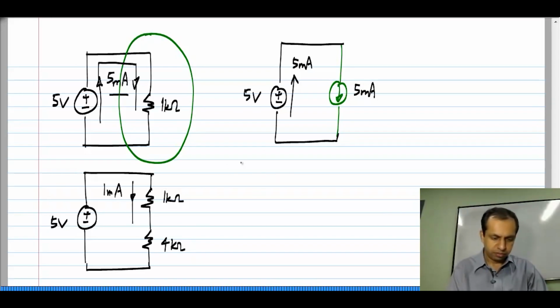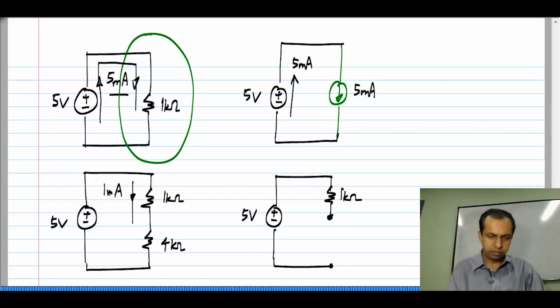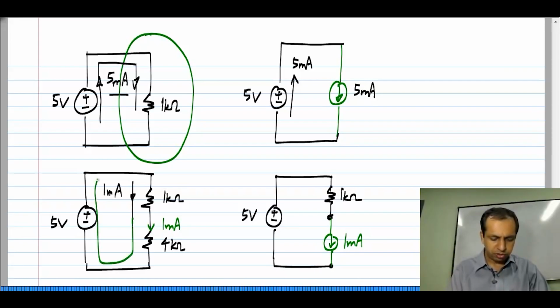Okay, that means that I will retain the 5 volt source and 1 kilo ohm resistor, but I will substitute the 4 kilo ohm resistor with the current flowing through it, and I know that the current flowing through that is 1 milliampere. So, the current here is 1 milliamp. Okay. So, now let us calculate some quantities in the original circuit. This 1 milliamp circulates like this. So, there is a current in the 5 volt source of 1 milliamp pointing upwards, and the voltage across this is 1 volt and the voltage across this is 4 volt.